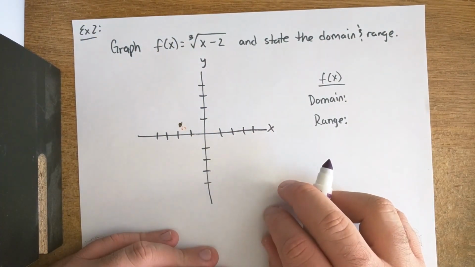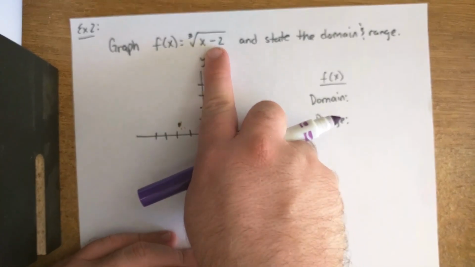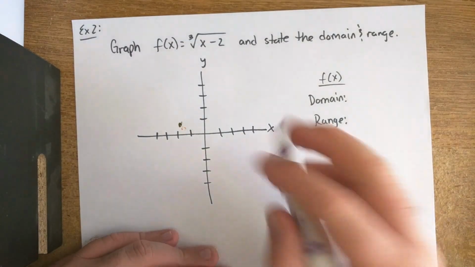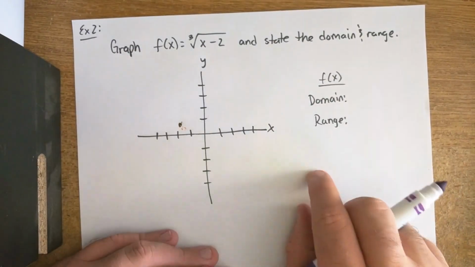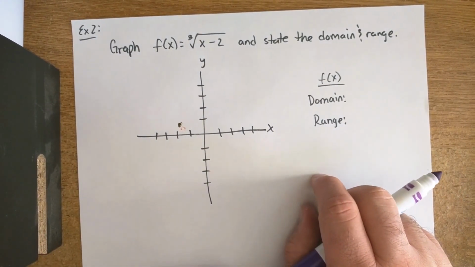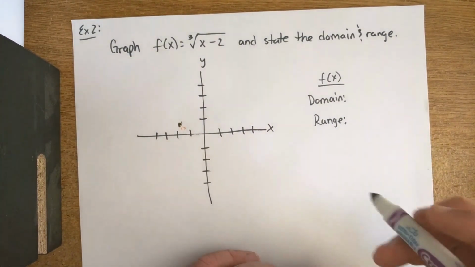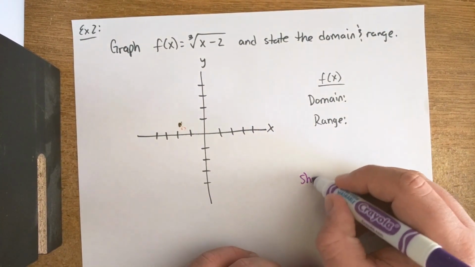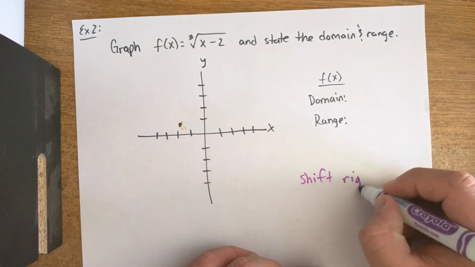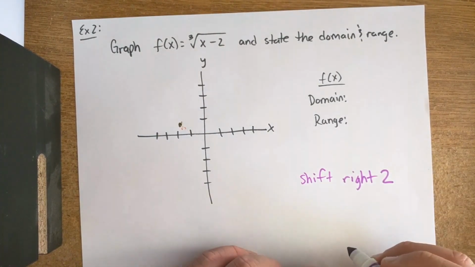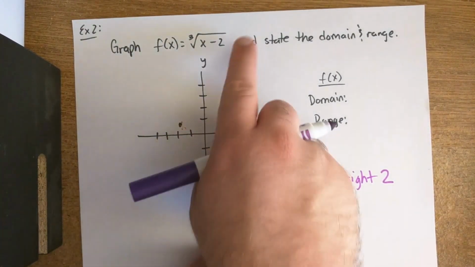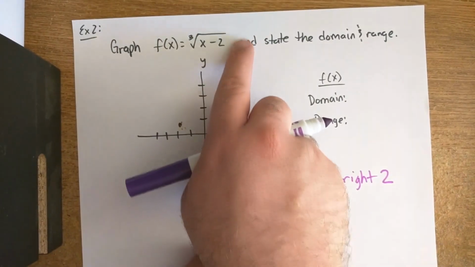So minus 2 is on the inside of the radical. So that's our h value. H lies. So we would think it moves left 2, but really, because it lies, we have a shift right 2. K, there's nothing out here.